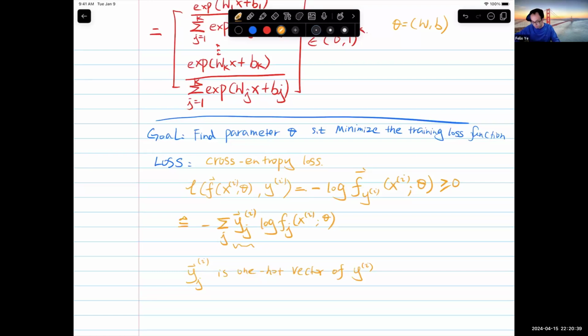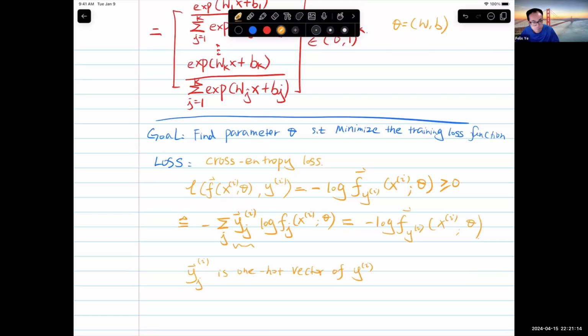So this is the definition of the cross entropy loss. But since the only entry contributing is j equal to y_i, this is equal to minus the logarithm of f_{y_i}(x_i). So this is the simplified version of the loss.